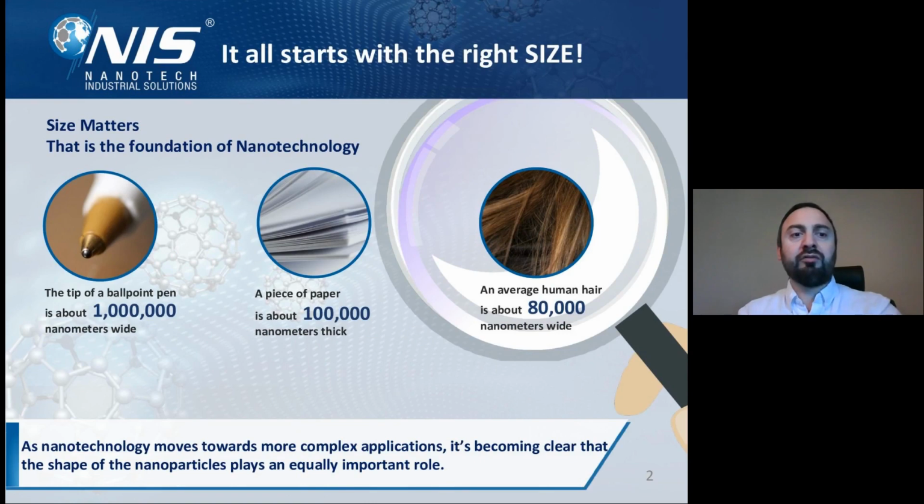What is IF-WS2 and what is nanotechnology in general? So size is very important in these applications, and the smaller the particles, the more surface area they can take and be distributed on.